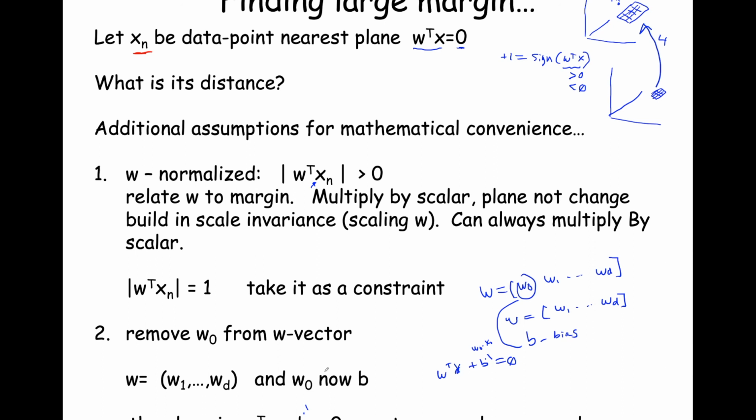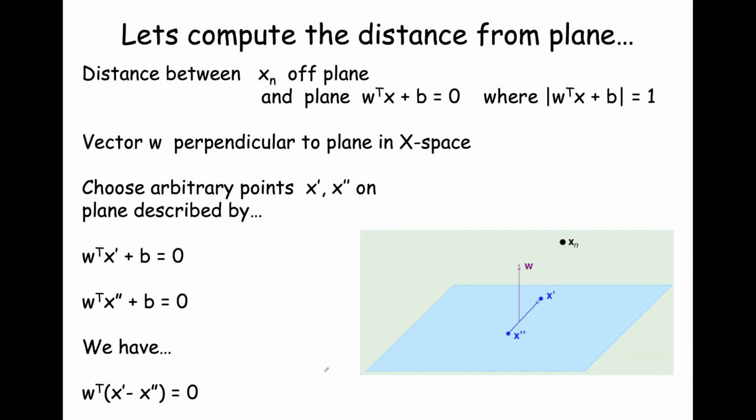Okay, so let's now compute and come up with an expression for this measurement of the distance between this closest off-plane point and the plane itself. So xn is this off-plane point, and the plane itself is the collection of points x such that W transpose x plus B is precisely equal to 0.